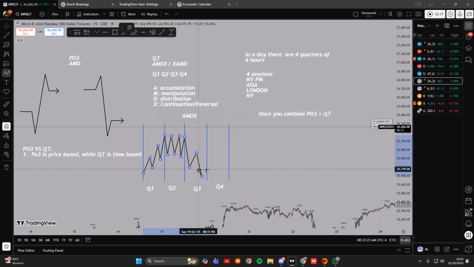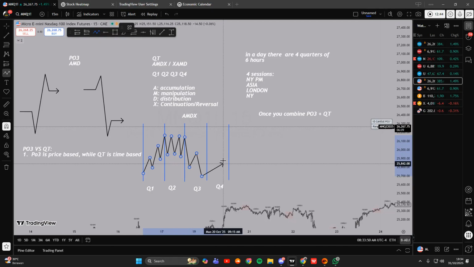And let's say during London, we tapped into a 4 hour fair value gap or a 1 hour order block or whatever you want to say, or a tap into a negative four standard deviation of something. You can actually catch the bottom of that. You can bottom tick that and then just ride the trade all the way up to these Asia highs.